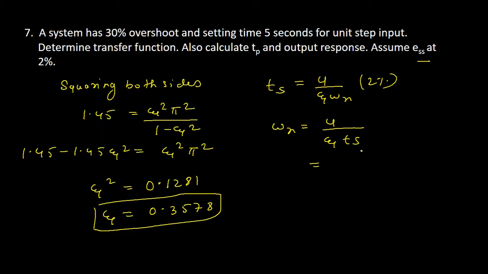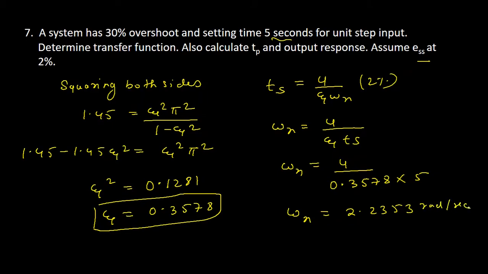Now we put the value of zeta and Ts here. It will be equal to 4 divided by zeta is 0.3578 into settling time is 5 seconds. When we solve this, we will get the natural frequency of oscillations omega n is equal to 2.2353 radian per second. This is the value of omega n we are getting.